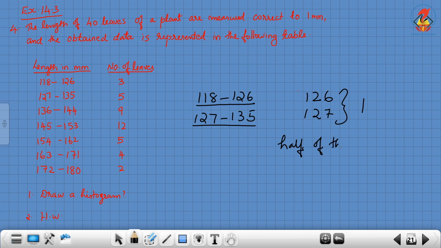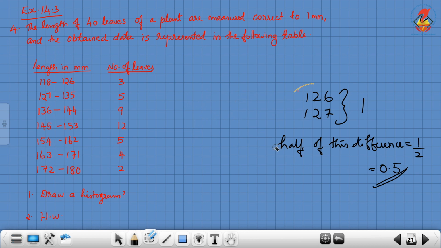Half of this difference equals 1 by 2, that means 0.5. This number 0.5 should be subtracted from the lower limit and added to the upper limit. Then you can change that class interval into a continuous class interval.